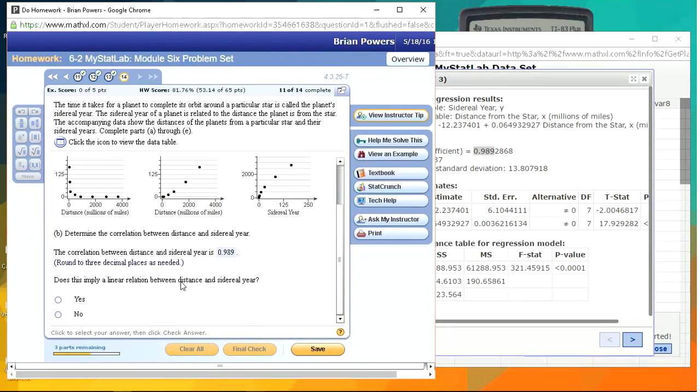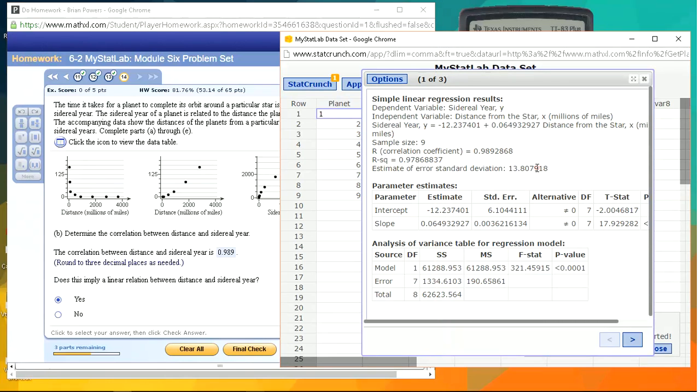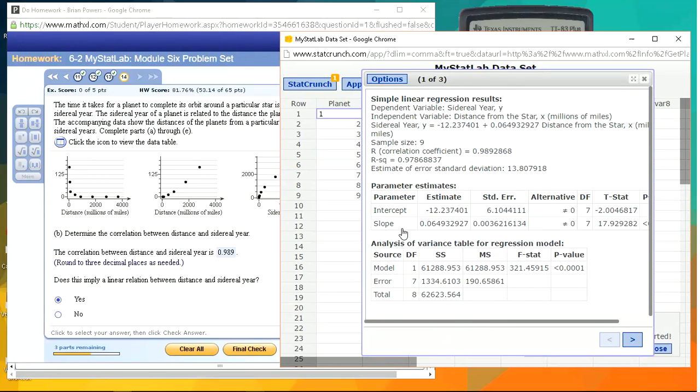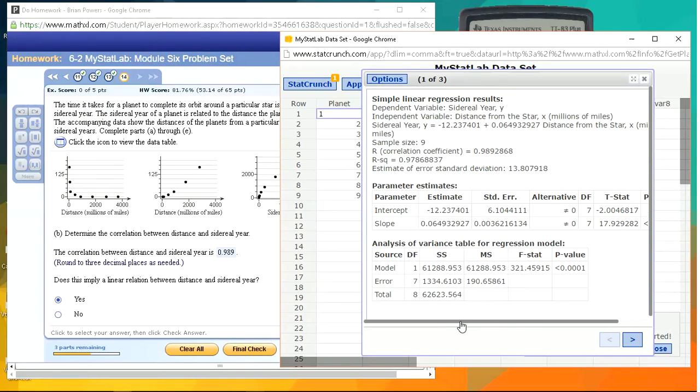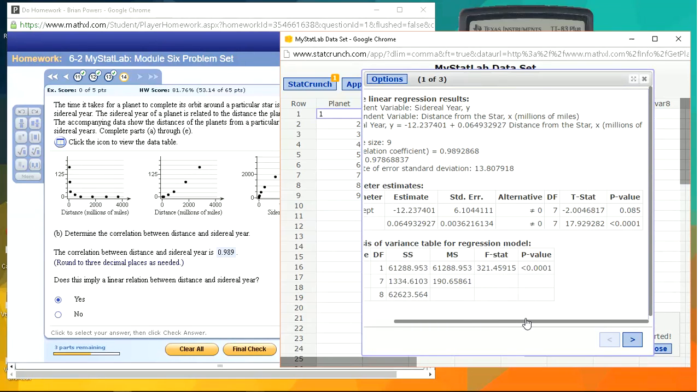Is that a linear relationship? Absolutely, yes. You can also get that from this table. Under the slope parameter, you'll see the question of whether or not there is a linear relationship is answered really here. This p-value is the p-value associated with the correlation coefficient. It's very, very, very low, so we would absolutely confirm that yes, there is a linear relationship.